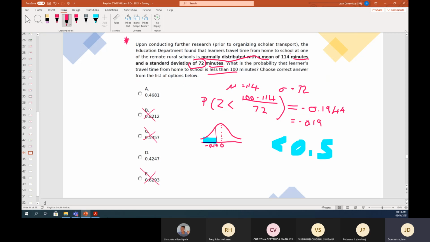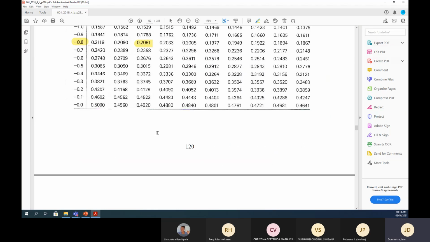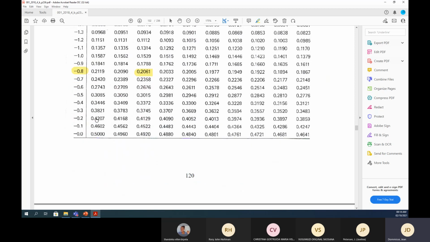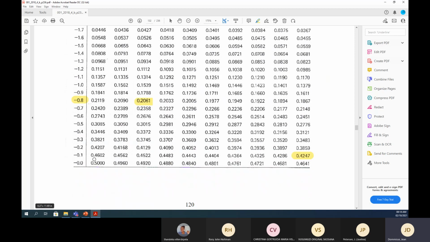We go to the table, minus 0.19. It is looking at that small area, so it's perfect that we just read it off the table: 0.4247.